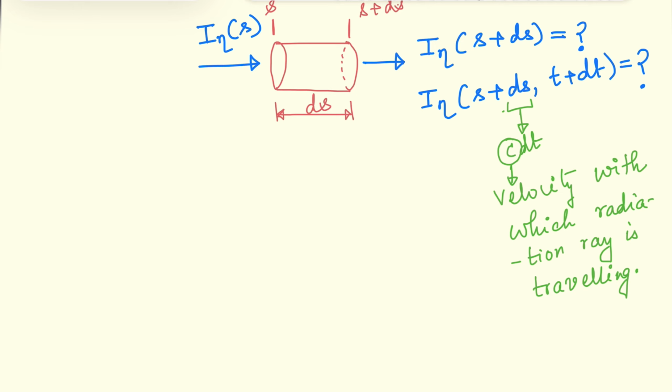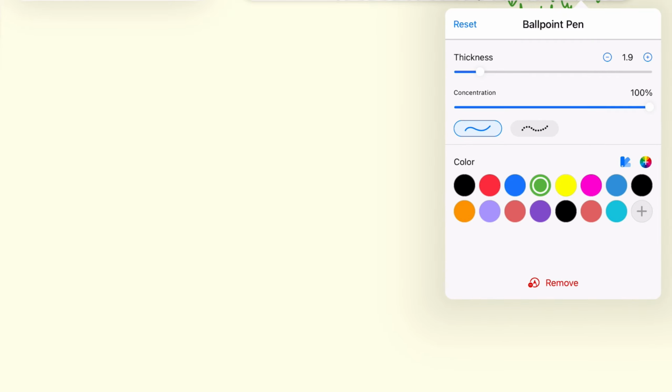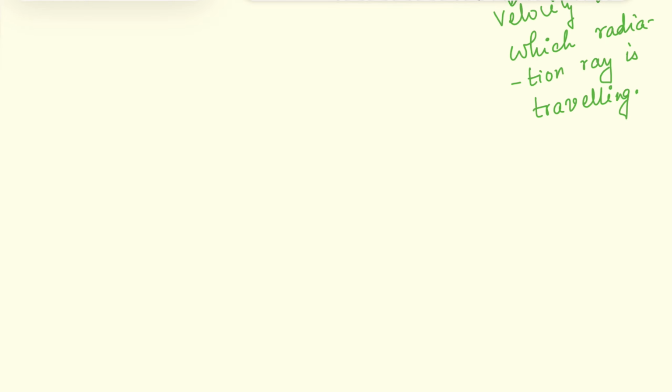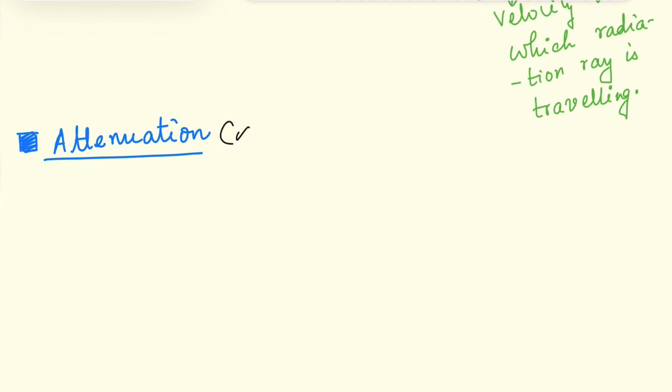So firstly, let us see how attenuation occurs. I have already told you that attenuation means decrease.